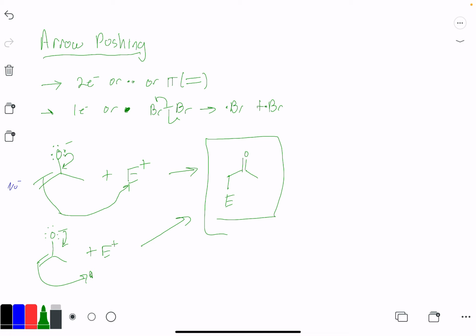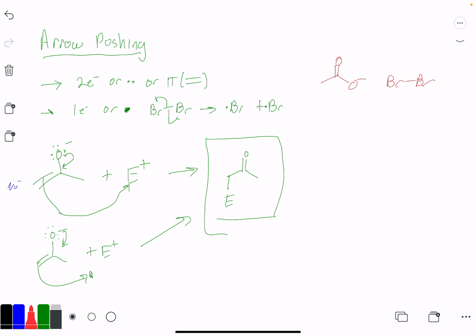Another thing is you don't want to draw your arrows to something that's more electron rich, right? So if we had something like this, and let's think of something here. This is not a typical reaction you would see.